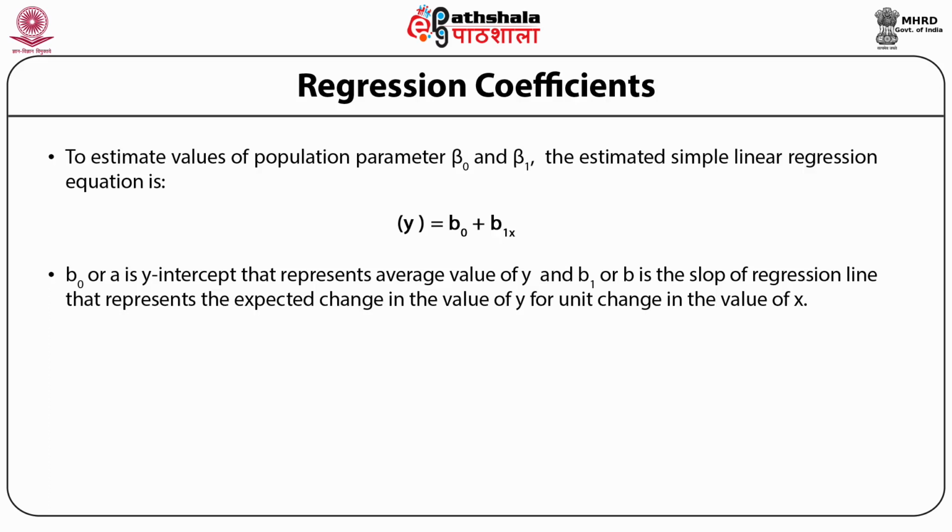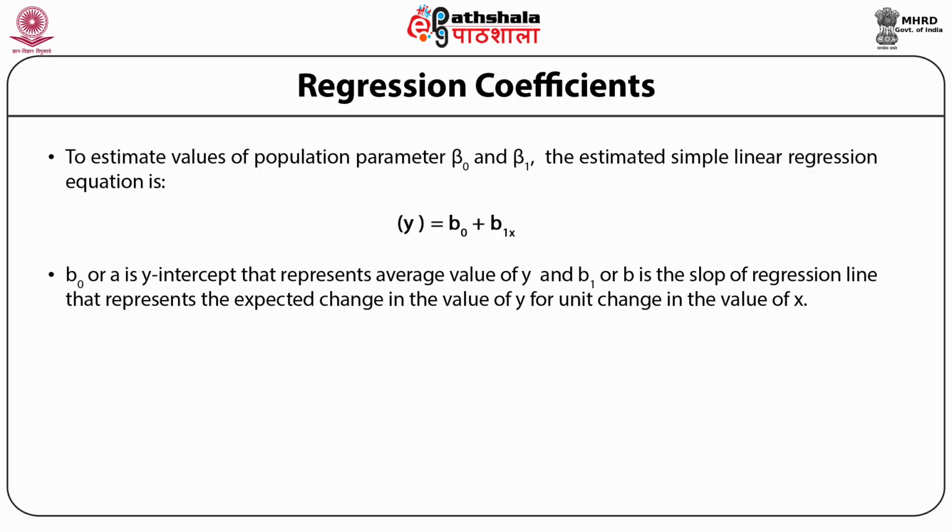So it is only a matter of custom what type of variables or words are being used, otherwise the concept will remain the same. Whether you are using beta naught and beta 1 or b naught and b1, it remains the same thing.